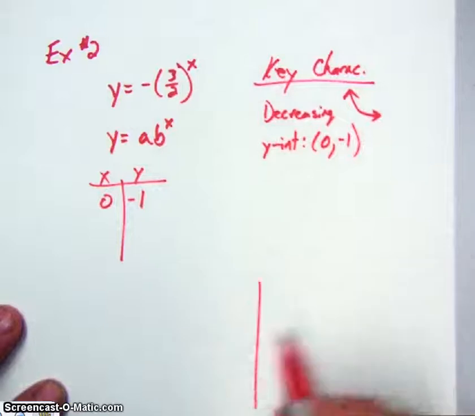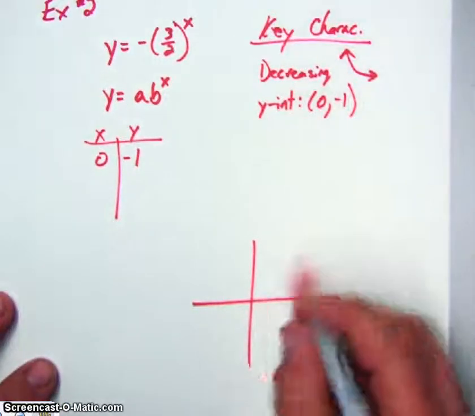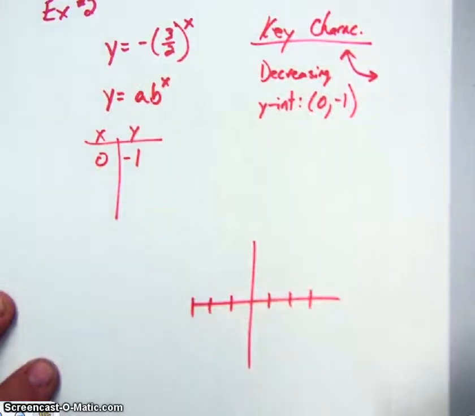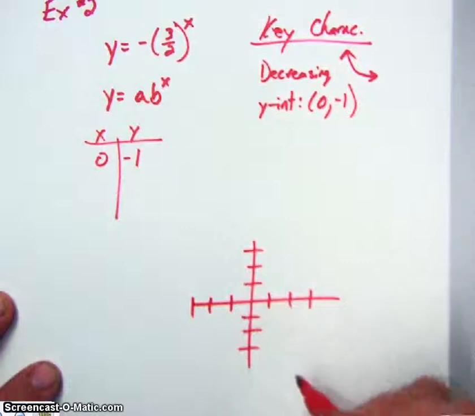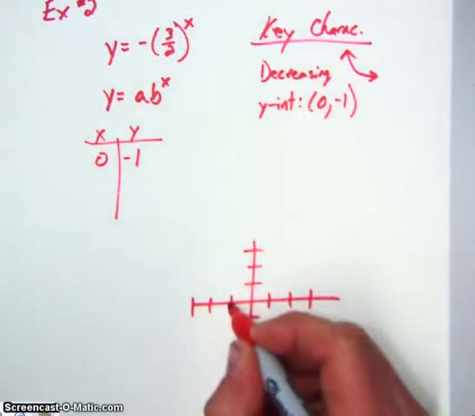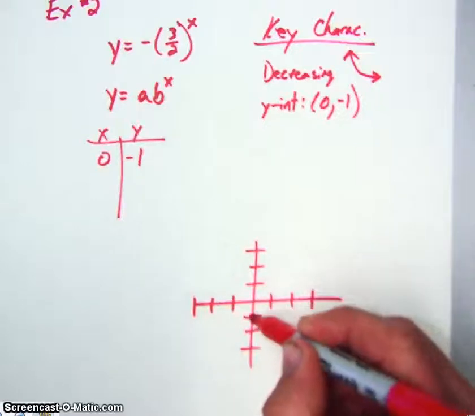Let's start graphing this, at least the first point. Let's keep it simple. We're going to go 1, 2, 3, 1, 2, 3, 1, 2, 3, 1, 2, 3. So 0, -1 is right here.